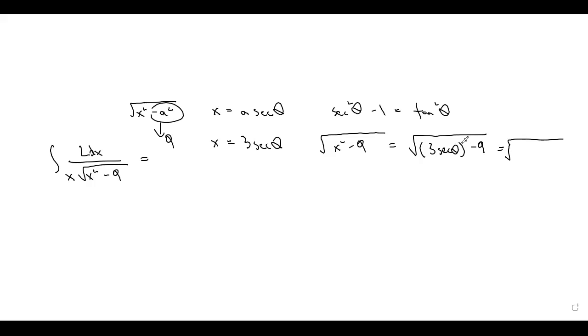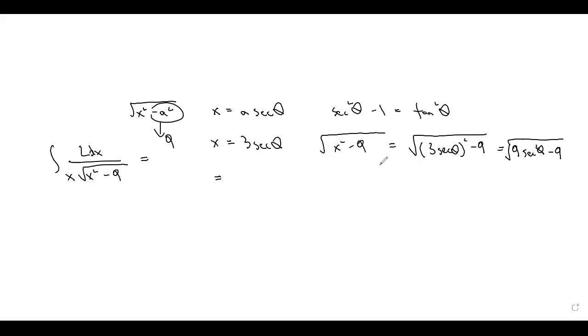Okay, so distribute the square. So 3 squared is 9. Secant squared is secant squared, I'm pretty sure. So 9 secant squared minus 9. And now let's factor the 9 out. Maybe in this case, I'll just combine 2 steps into one. Let's factor the 9 out and let's split the square root.